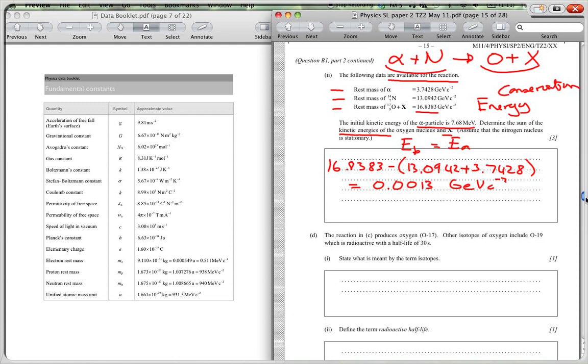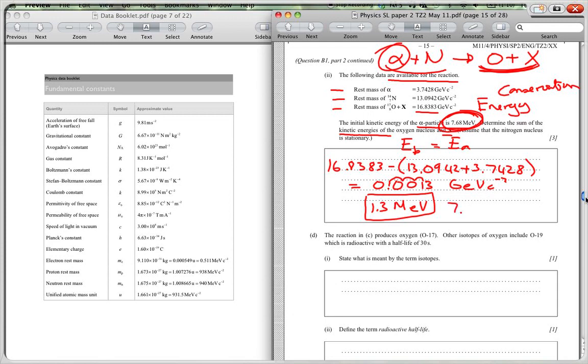If I put it in terms of energy, and I put it in mega, 1, 2, 3, will change it into mega. So I have got 1.3 mega eV. That would be the extra energy that I've got in terms of mass on the right hand side. But I've got this energy that came in on the left hand side with the alpha, the kinetic energy.